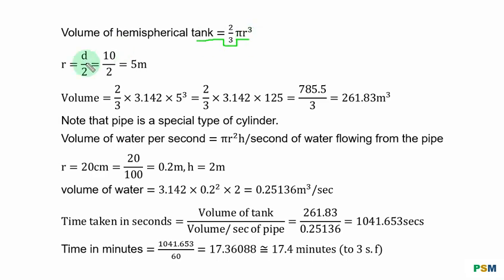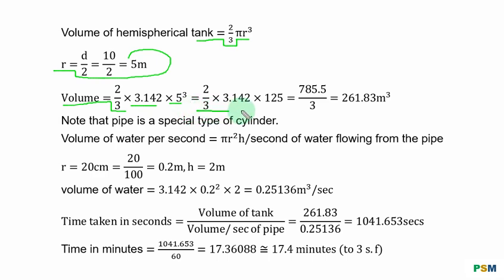The radius is needed, which is equal to diameter divided by 2 equal to 10 divided by 2 equal to 5 meters. Therefore, volume is equal to 2 over 3 times pi times radius cubed.